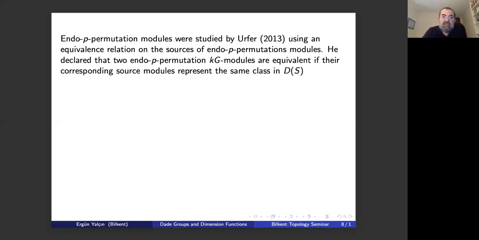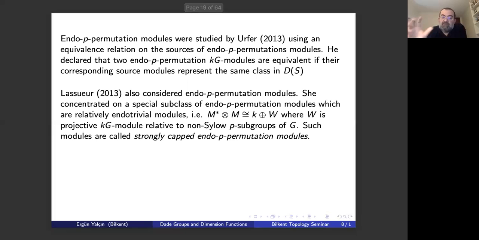So this way, you can actually classify endo-permutation modules up to some equivalence, but this equivalence is very strong. Many modules that shouldn't be equivalent become equivalent. So it's a little bit too coarse to classify endo-p-permutation modules under this equivalence.